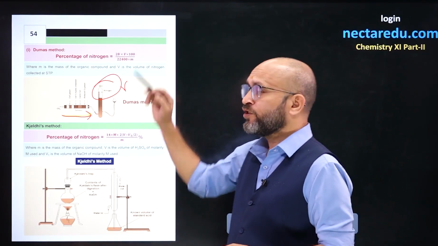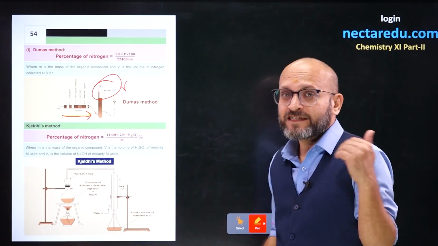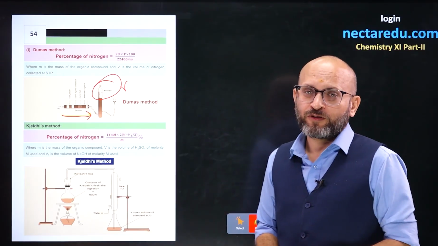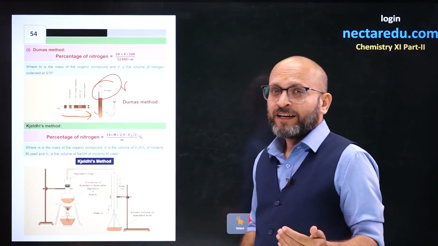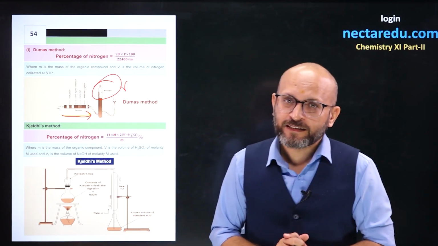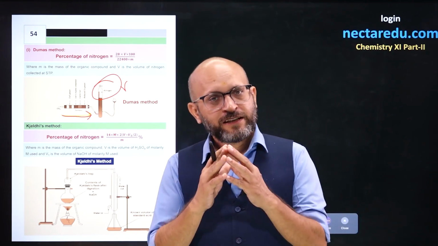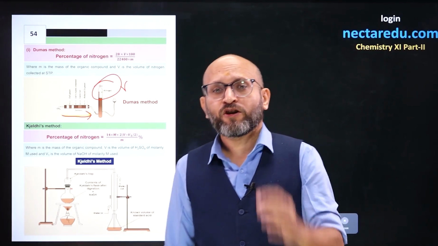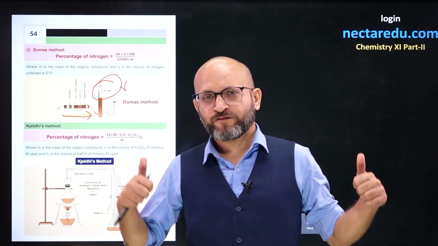Here V is the volume of nitrogen gas collected at STP, and small m represents the mass of the organic compound. By putting these two values, you can easily calculate the percentage of nitrogen through Dumas method. So these are the two methods we use for calculation of percentage of nitrogen in the given organic compound. So that is it for now. Thank you.